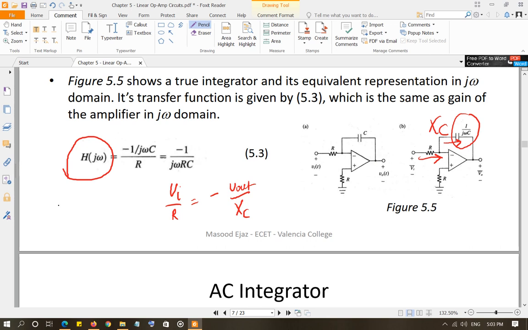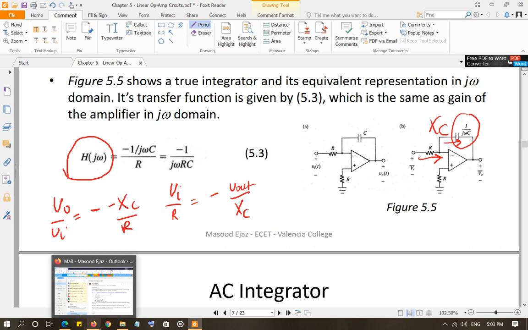So H of j omega, which is V output over V input, will simply be negative XC over R.